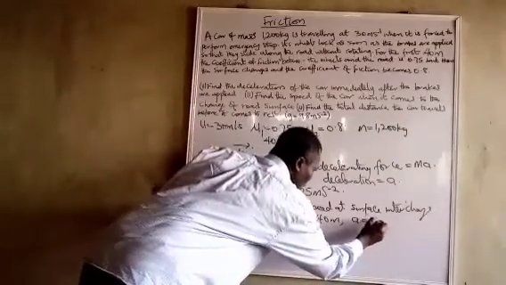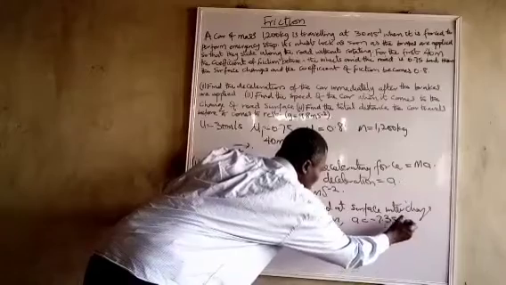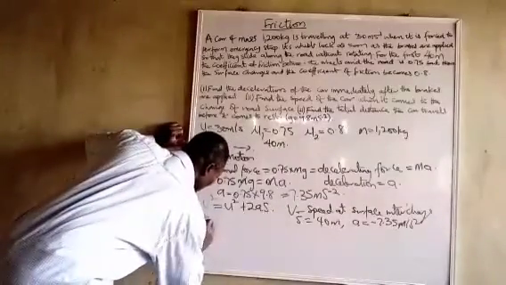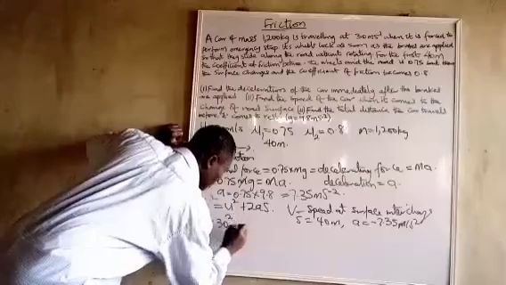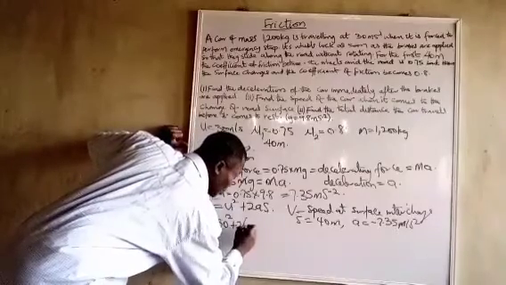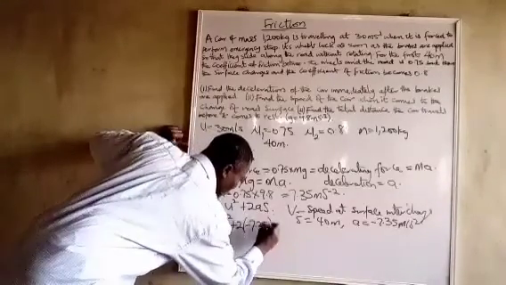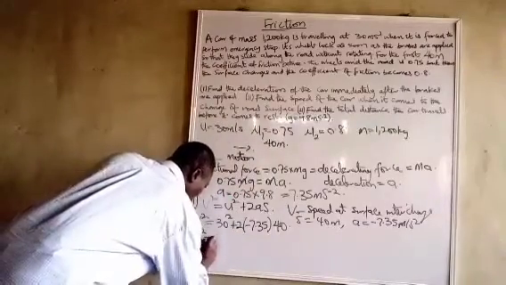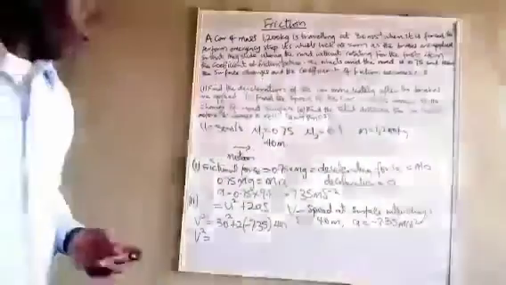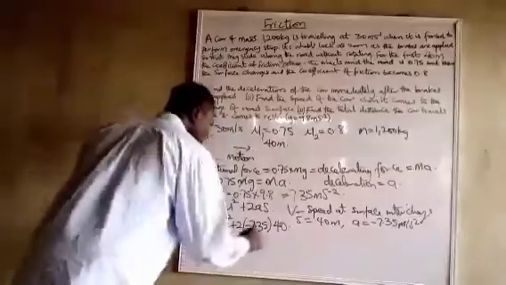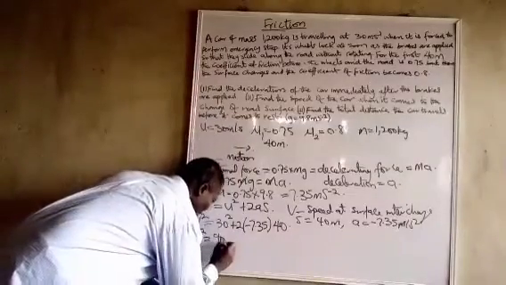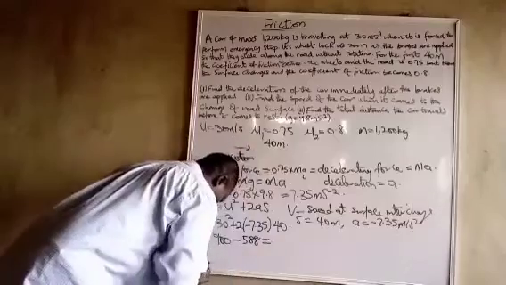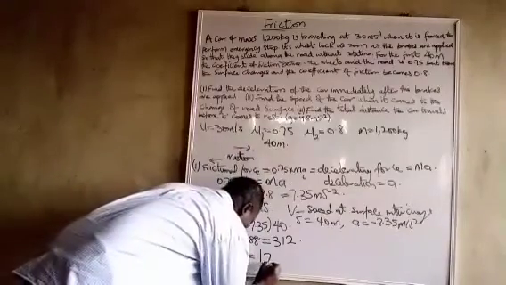A is equal to minus 7.35 meters per second squared because it is decelerating. So V squared is equal to 30 squared plus 2 into minus 7.35 times 40. So V squared, the velocity at the interchange, is now 900 minus 588, which gives 17.66.